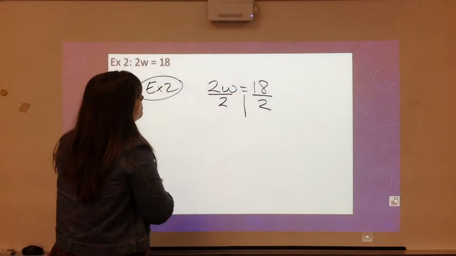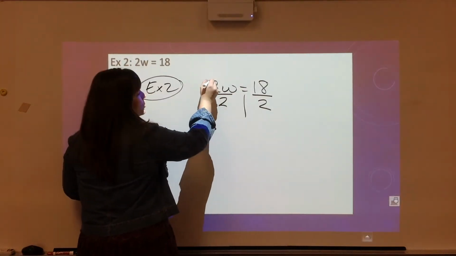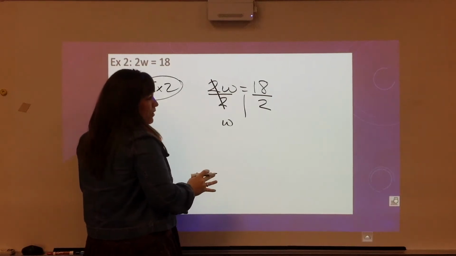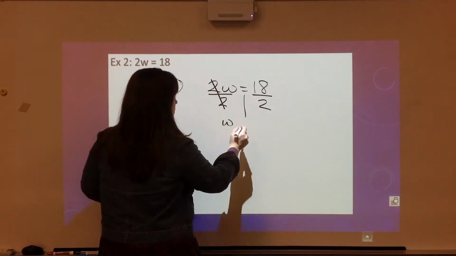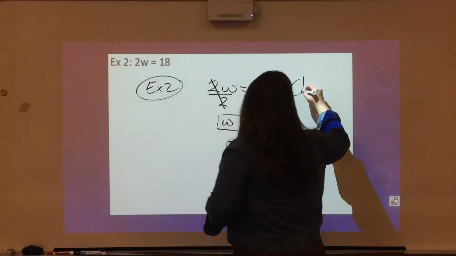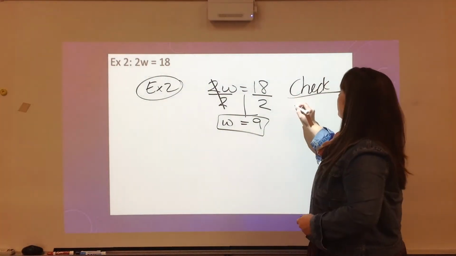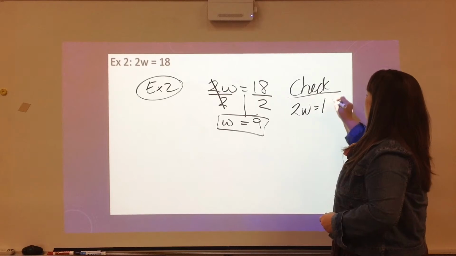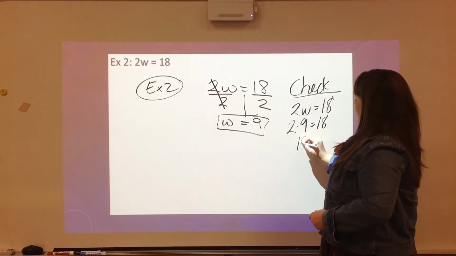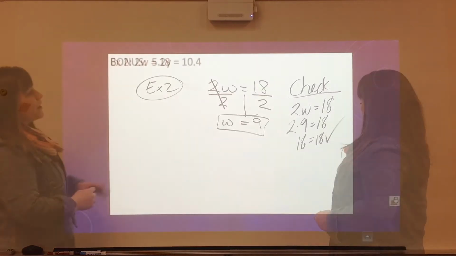What unglues multiplication? Division. 2 divided by 2 is 1. That leaves the w by itself. 1 times w is w, and we have a 9. The check is also very quick. 2w equals 18. Yes, you have to do the check. And 18 equals 18.